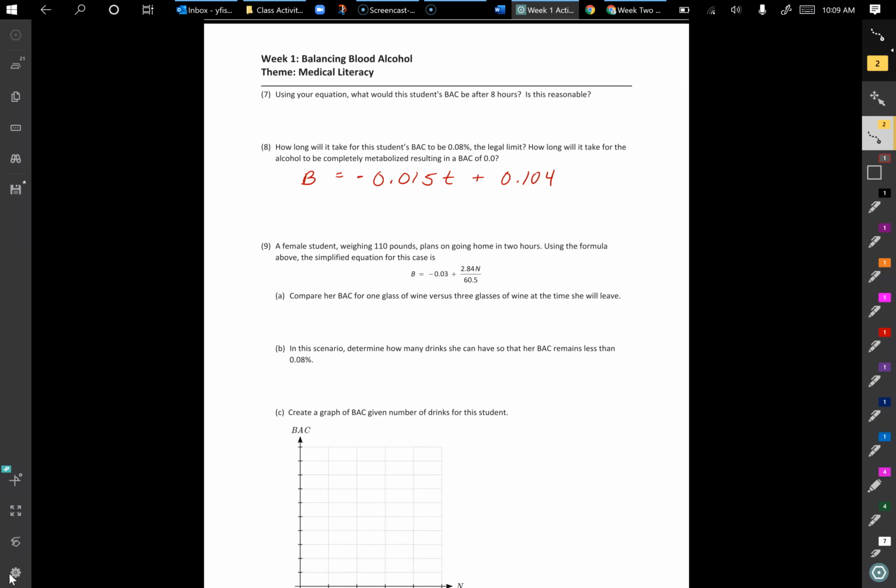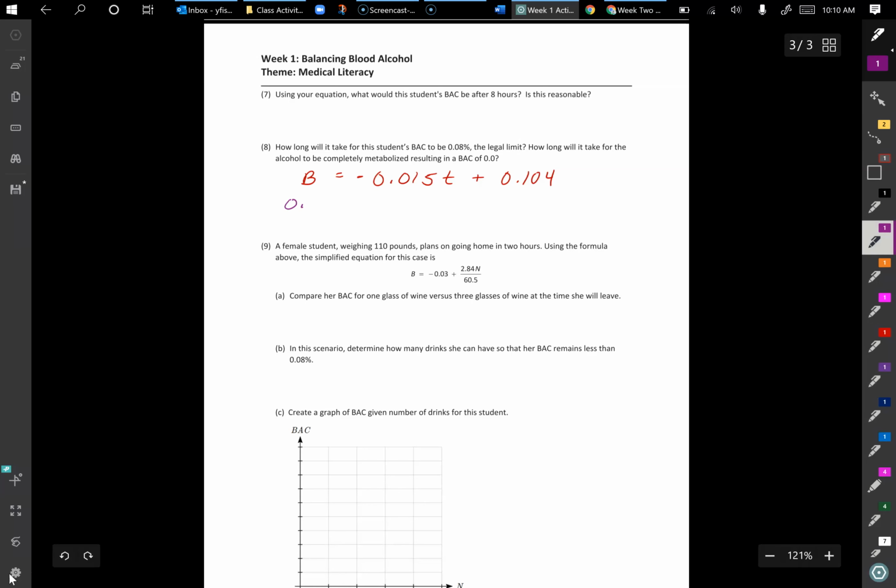So we're going to just plug in, 0.08 was the first one, right? Okay, sorry about that. So we have 0.08 is the legal limit that we want to put in there.